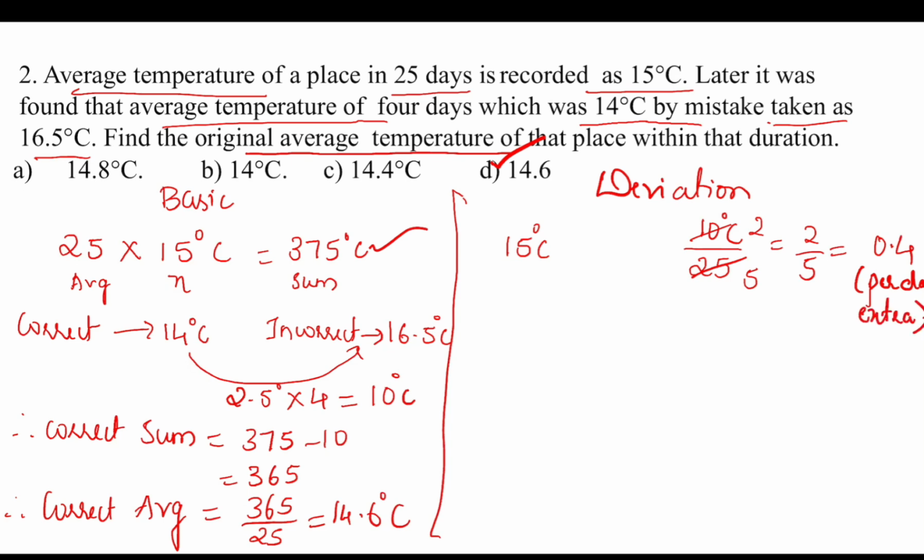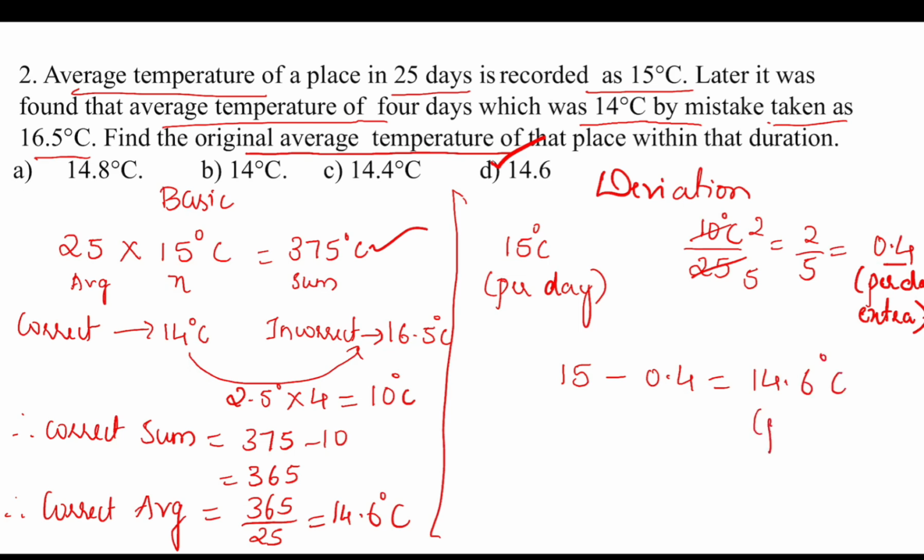So per day, the recorded value was 15 degrees centigrade, and 0.4 was extra noted, isn't it? So how much should the actual be? 15 minus 0.4, which is equal to 14.6 degrees centigrade.